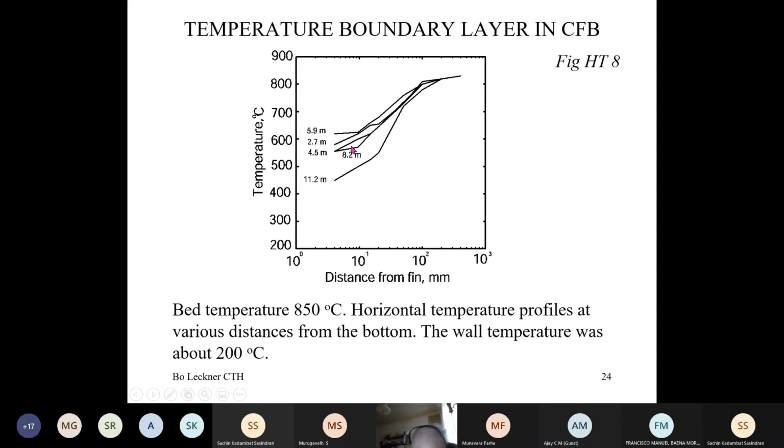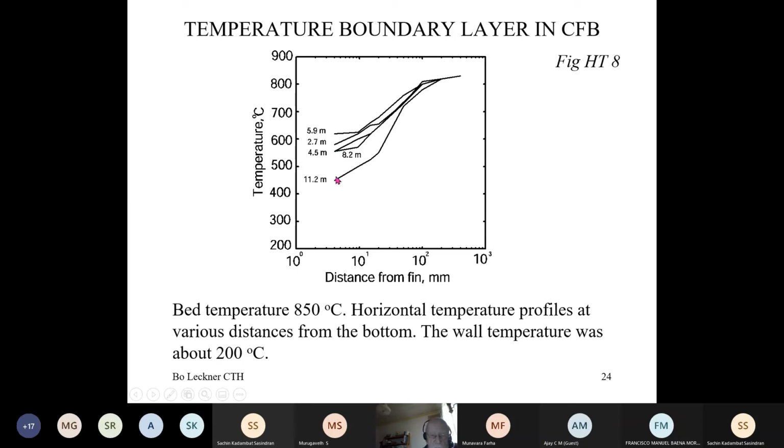And in fact, here you can see the temperature of the wall. In this case, it was about 200 degrees. This is 10 millimeters, so this is something like 6 millimeters, as close to the wall as one could measure reasonably well with the thermocouple.